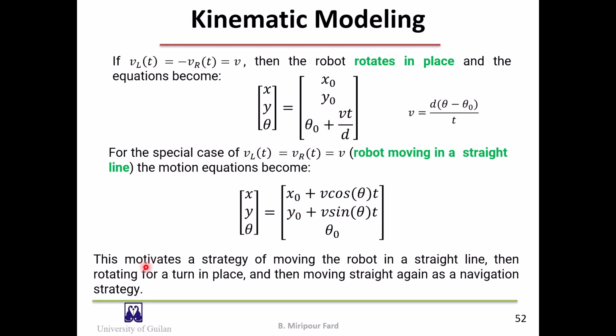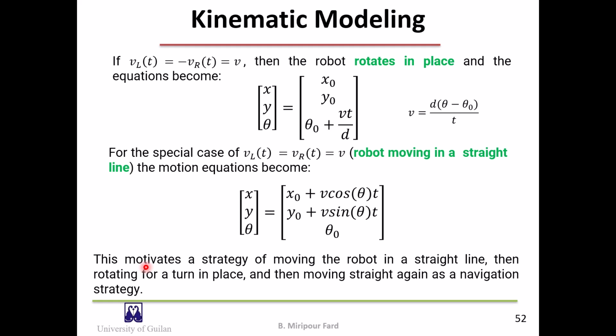This motivates a strategy of moving the robot in a straight line, then rotating for a turn in place, and then moving straight again as a navigation strategy. So with this strategy, we can move the robot sideways. With some maneuvers, we can reach a point that is located on the side of the wheel.